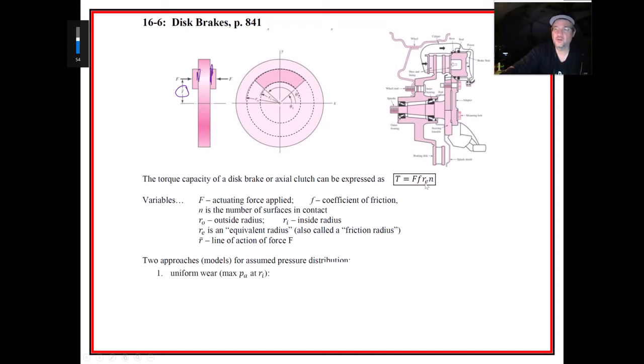uniform wear model. And the best way to think of that is if you were going to put these forces onto there, and let's say we put them right in the center. Let's think about how it's going to wear. The inside radius right there is moving slower than the outside radius. Therefore, it's going to wear out faster, right?